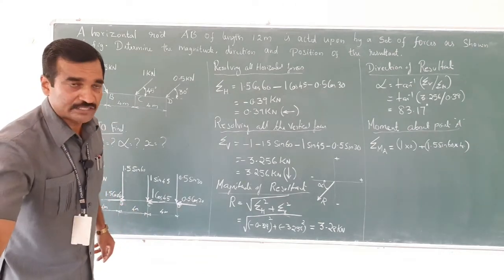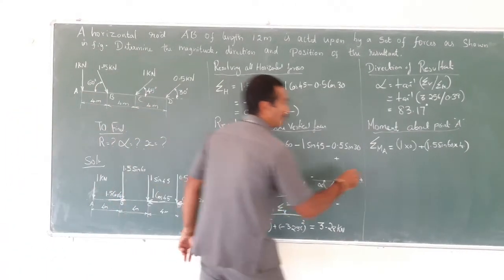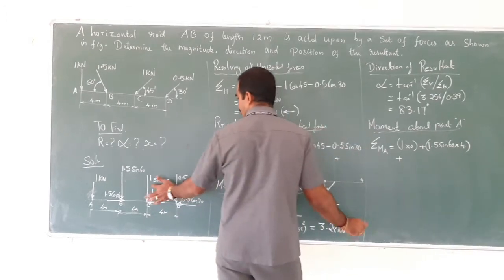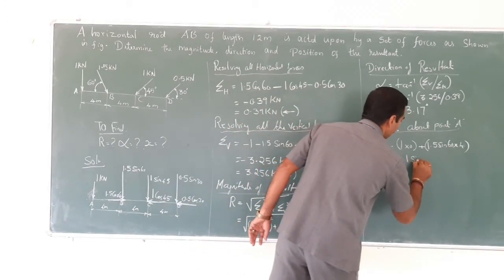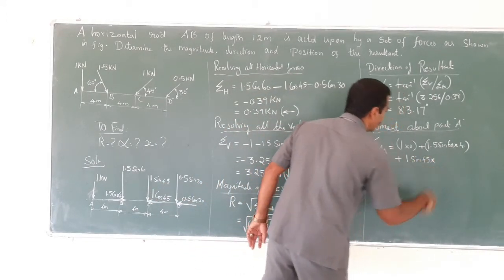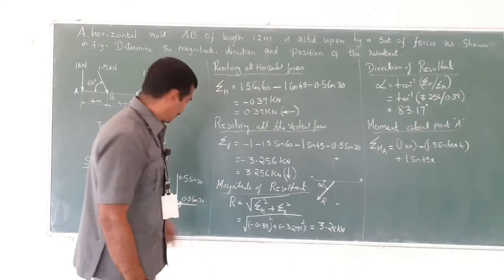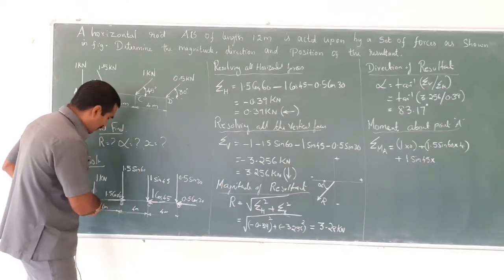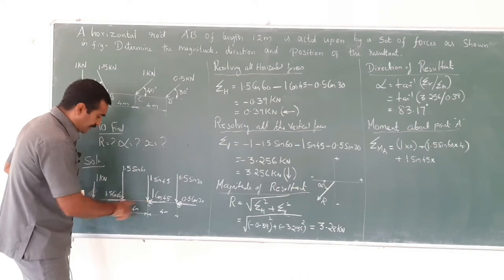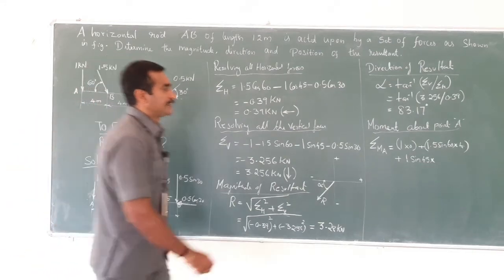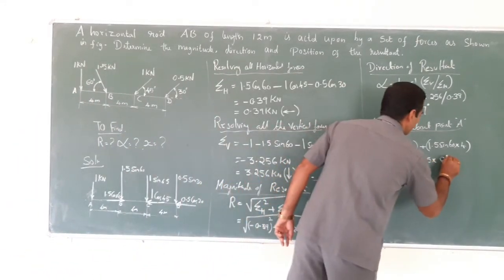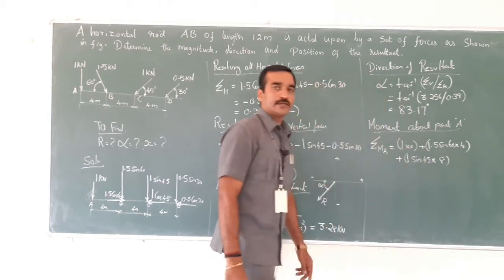Therefore, the sign convention is positive, and the magnitude is 1 sine 45 into its perpendicular distance from the origin. The origin is A, and till point C it is 4 plus 4, which is 8. Got it?